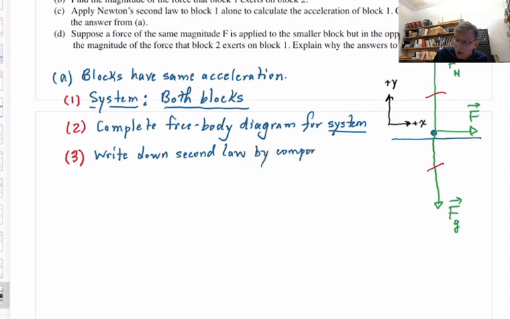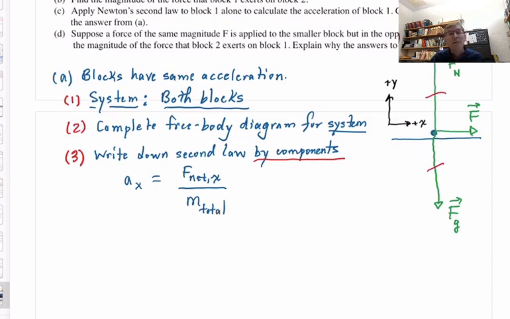That is always how I want you to apply Newton's second law, by its components. Here the important component, i.e. coordinate axis, is x. So when I say write down the second law by components, I mean write this: a sub x equals F net x over the mass of the system. I'm going to remind myself that my system was the two blocks by calling it M total.